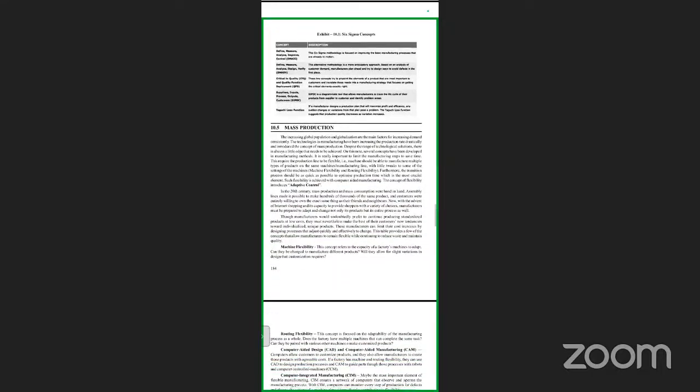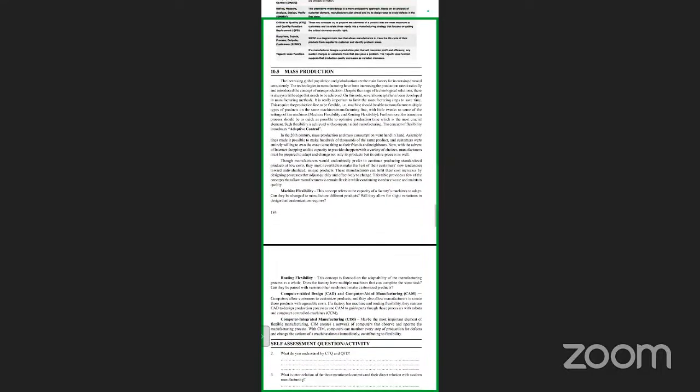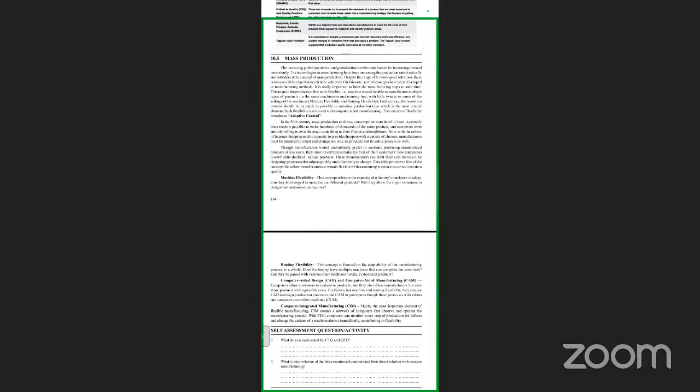Now, when we talk about mass production, when you are producing goods in a larger quantity, in bulk or in a huge quantity, then our main motto is machine flexibility and routing flexibility, and we use CAD, computer aided design, and CAM, computer aided manufacturing, computer integrated manufacturing also.